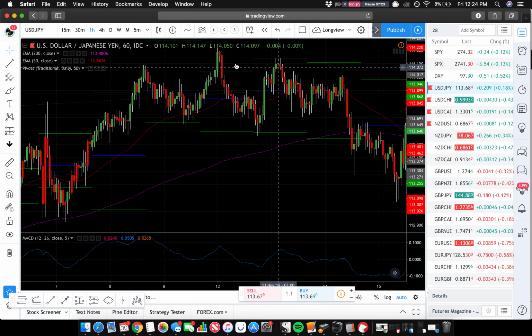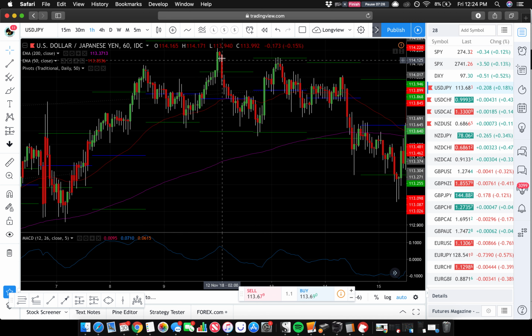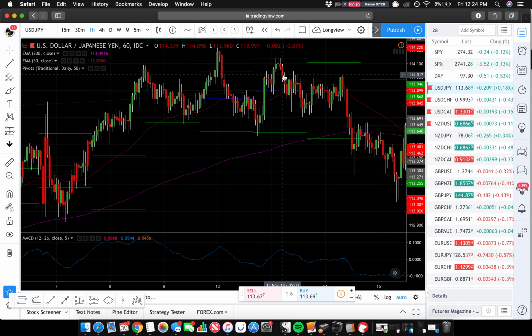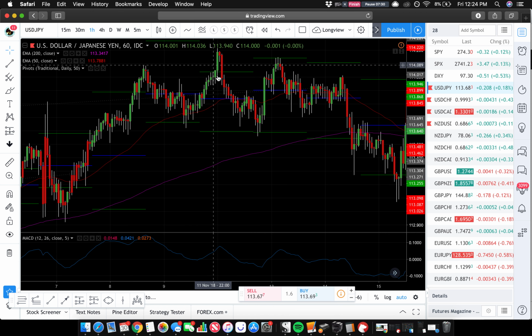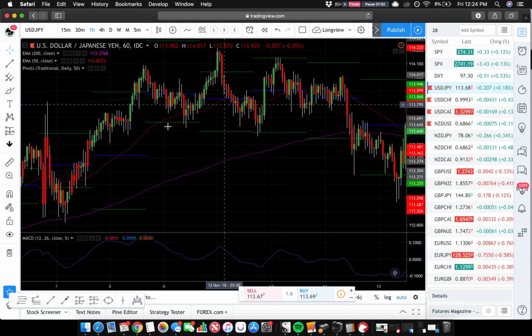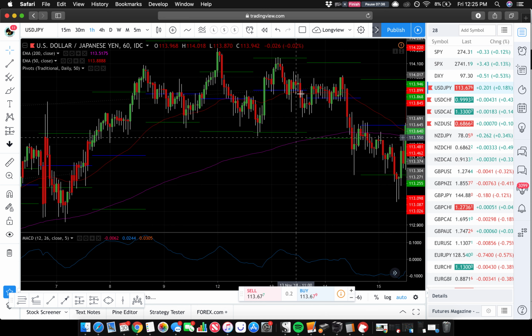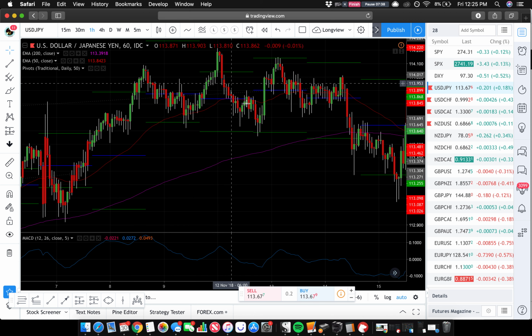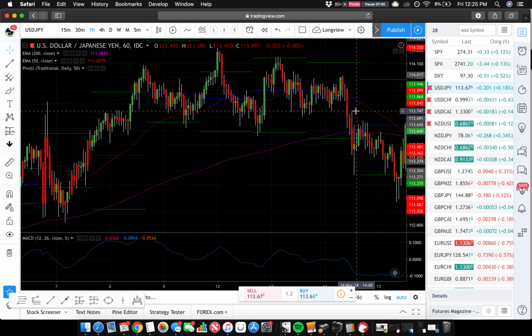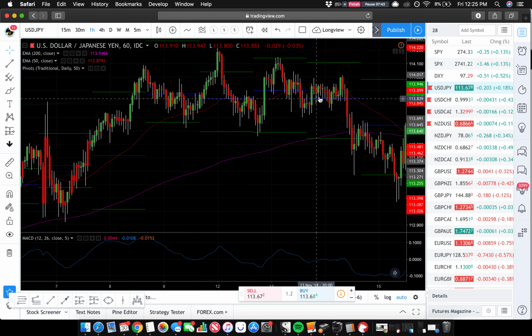Like there's a man standing right here looking at you. The shoulder here, head here, second shoulder here. It's a common pattern for a movement downwards, and then they have inverse head and shoulders, which means it would go up. But anyways, you're looking for it to break down here.